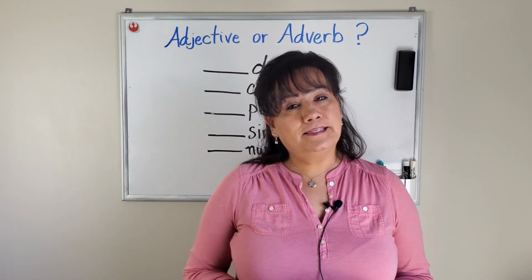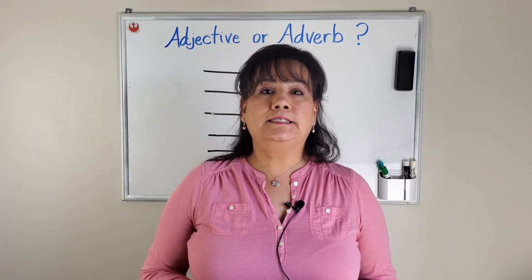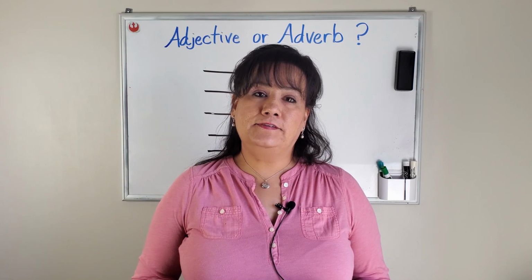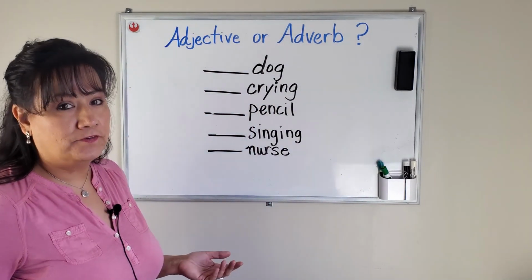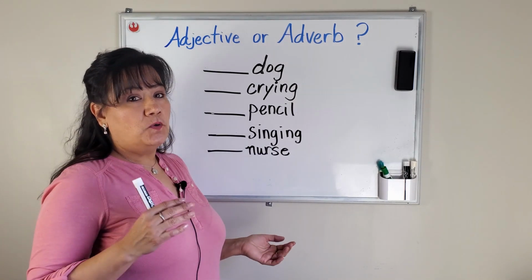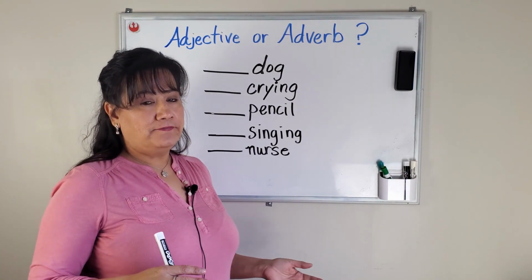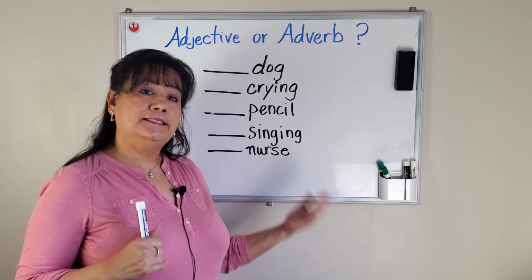Now we're going to play a little game. We are going to decide if something needs an adjective or an adverb. So it takes a little bit of thinking before you can make a decision.